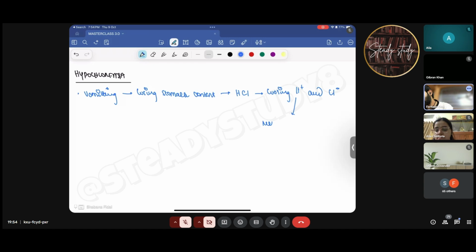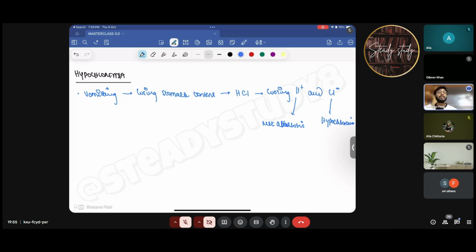So metabolic alkalosis because you're losing H plus, and hypochloremia. This is the easy part. There is metabolic alkalosis and there is hypochloremia because when you're vomiting, you're losing H plus and you're losing Cl minus. We are done with hypochloremia. We are done with metabolic alkalosis.